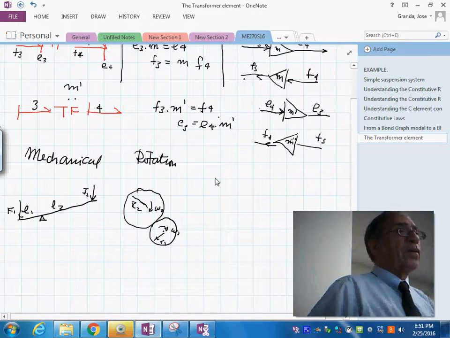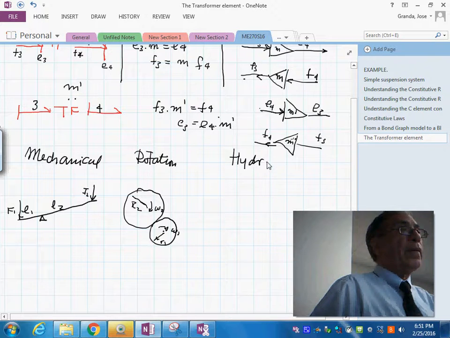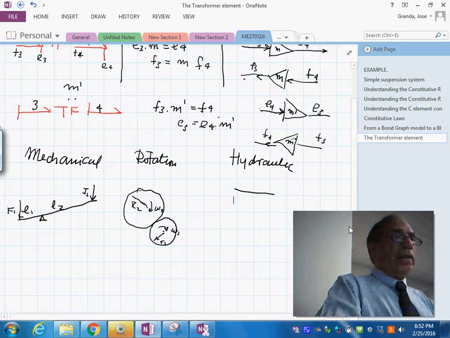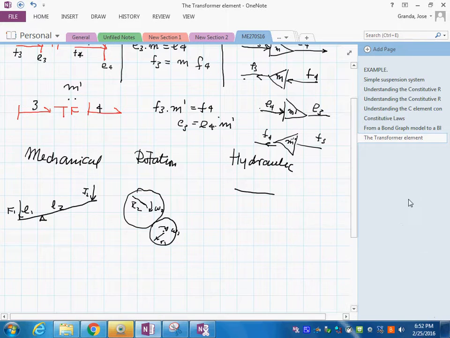Here is an example for this, this hydraulic ram.